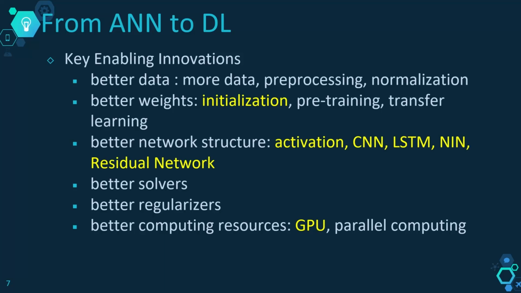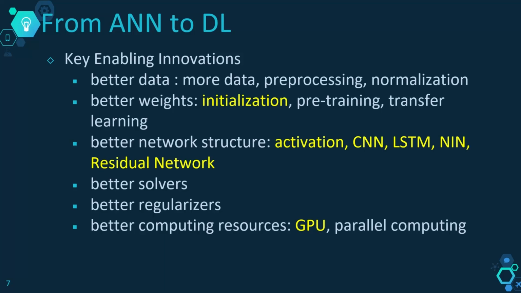Another one is better solvers. This is not an area of deep learning itself, but as I said, when you are using some tools for implementing deep learning, you need to specify the solvers. So we need to know the meaning of the solvers and how to determine the values of the hyperparameters. And also, when you move to deep learning, we need to deal with the overfitting issue. We know that overfitting happens because our models are too complicated compared with the data, right?